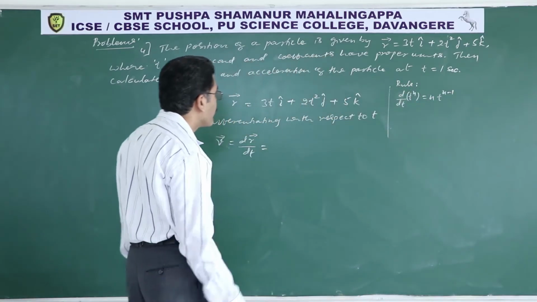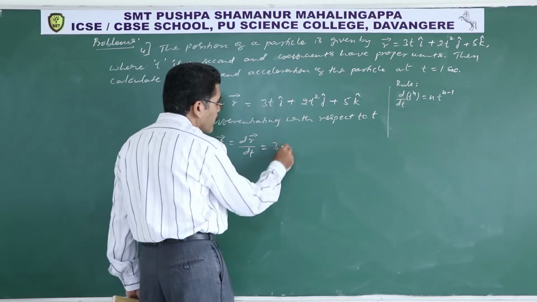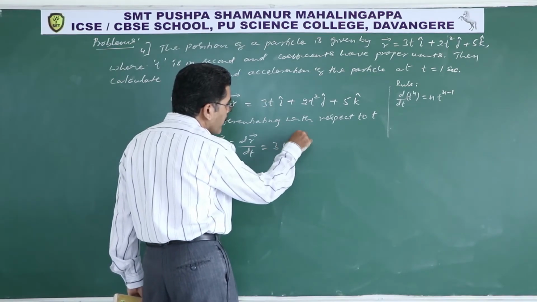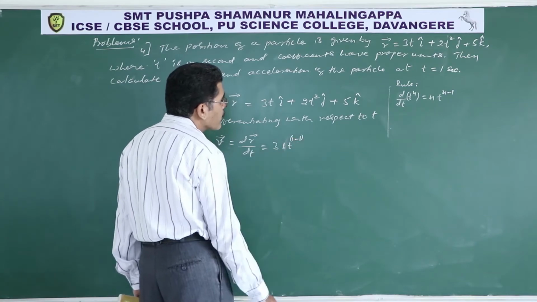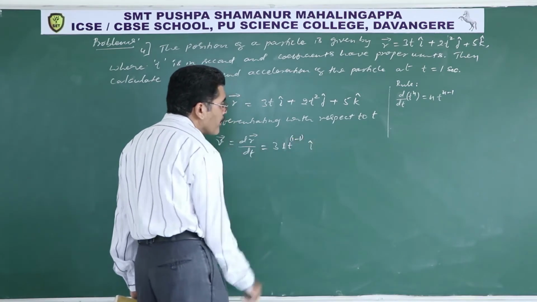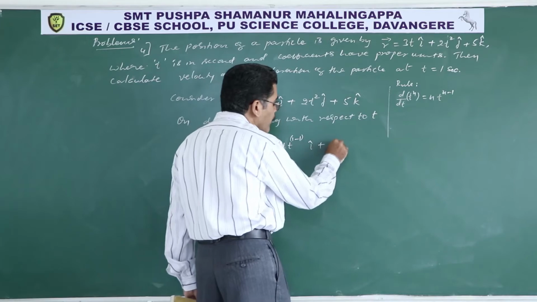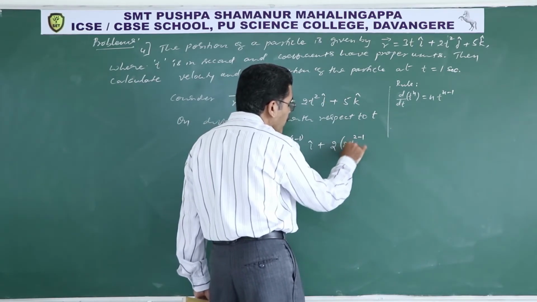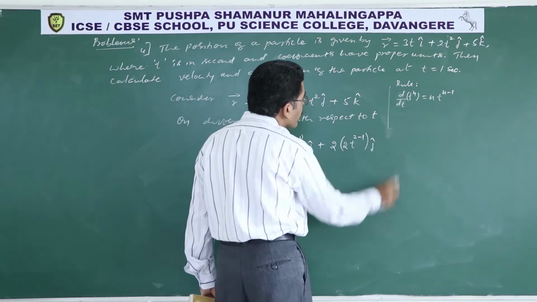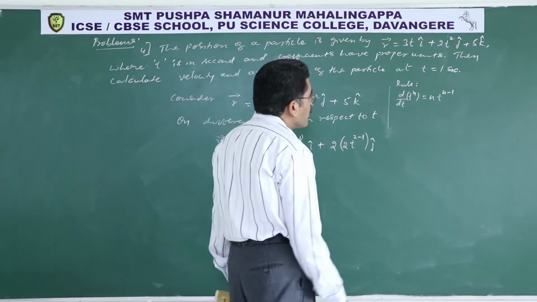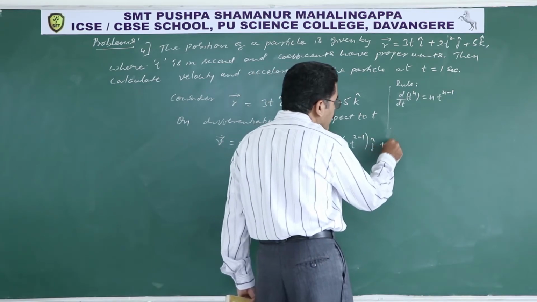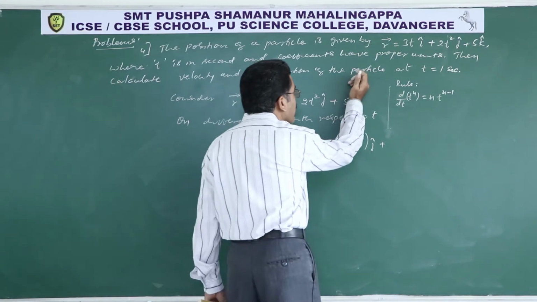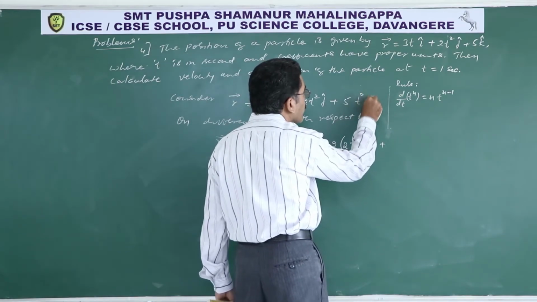As per this rule, 3 into t power 1 minus 1 into i cap, plus 2 into 2 into t power 2 minus 1 into j cap. Here only a constant is there, so in place of the constant I just take t power 0 into k cap.